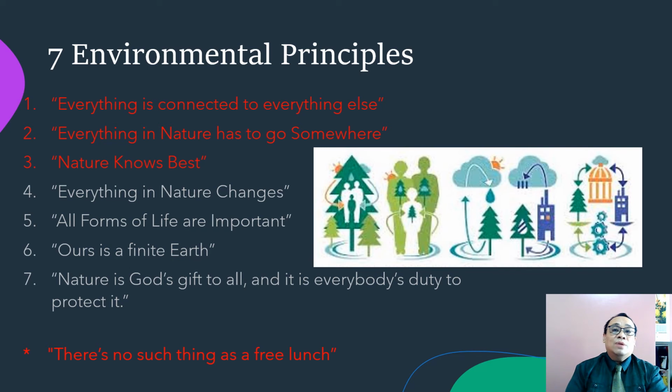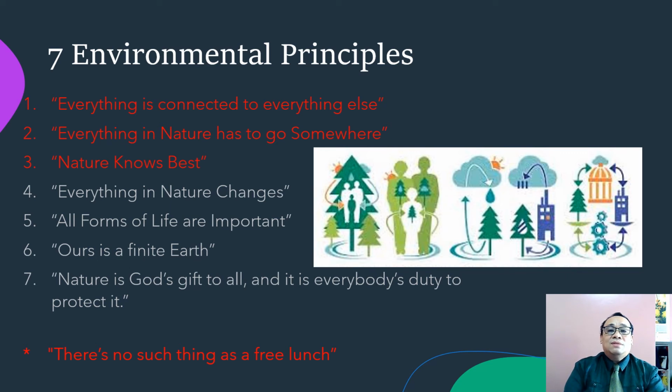In so doing, they will go through a series of changes that will eventually create a new ecosystem, which may be similar or completely different from the old ecosystem before the fire. Five, all forms of life are important.